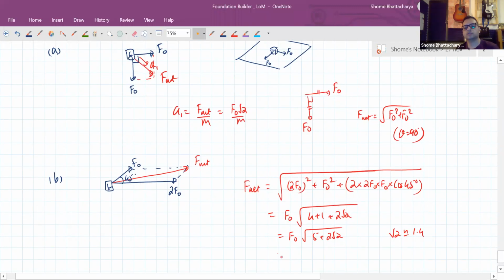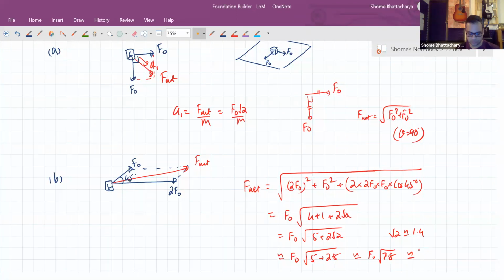So this becomes approximately F naught into root of 5 plus 2.8, or F naught into square root of 7.8, which will further become approximately 2.8 F naught.